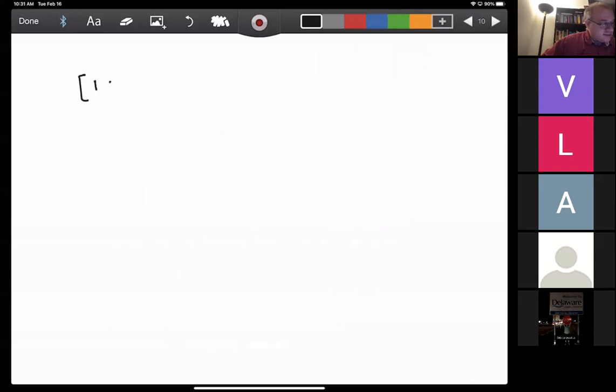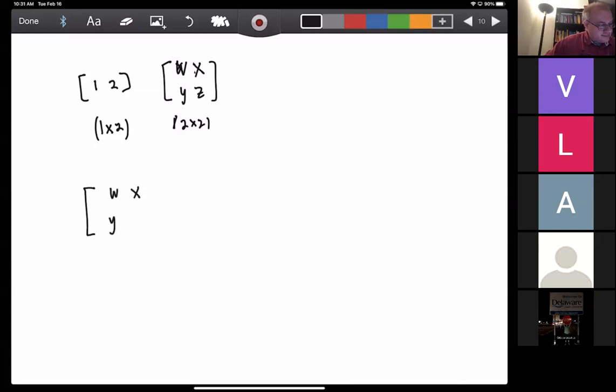So if I do 1, 2, right, that's one row times 2 columns. And let's say I have a 2 by 2 matrix, w, x, y, z. If I try to reverse the order, notice what happens.